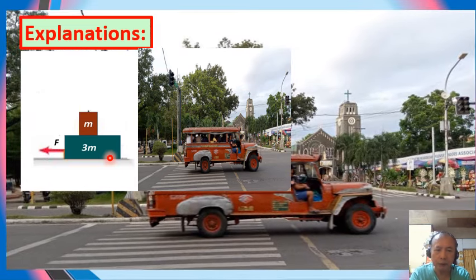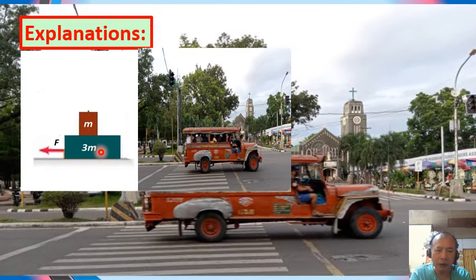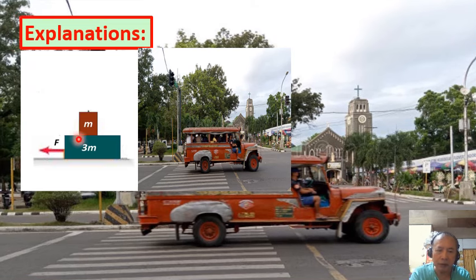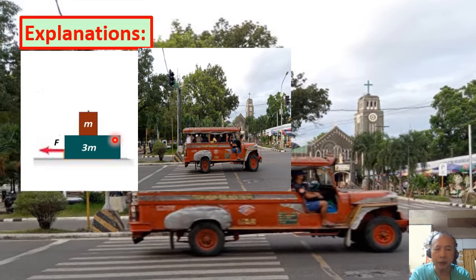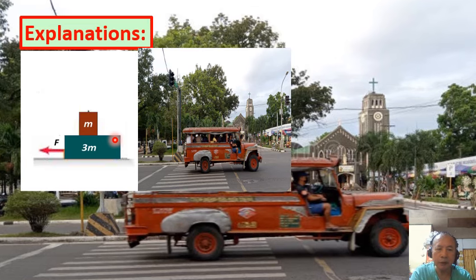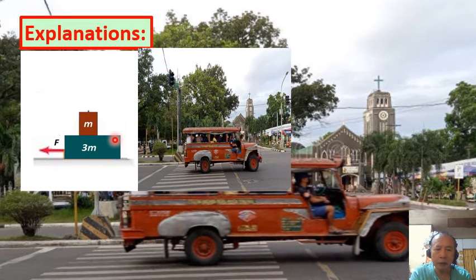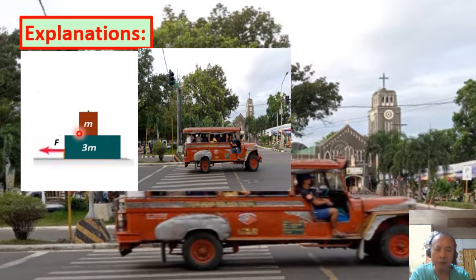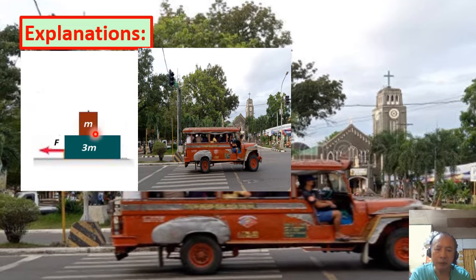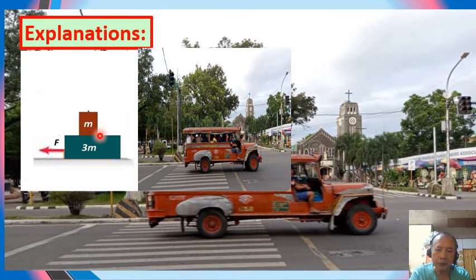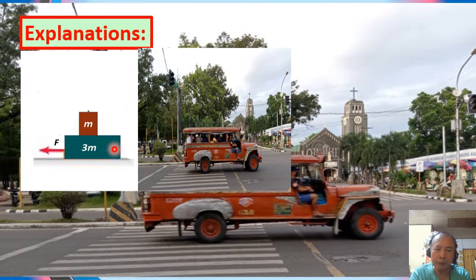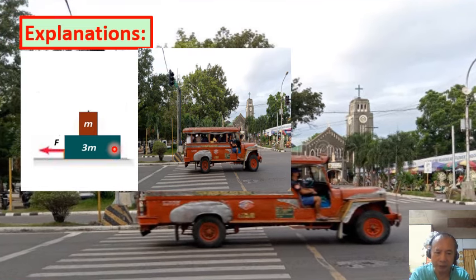But between the smaller mass and the larger mass, which is rough, there must be a static friction that prevents it from starting to move relative to the larger mass.